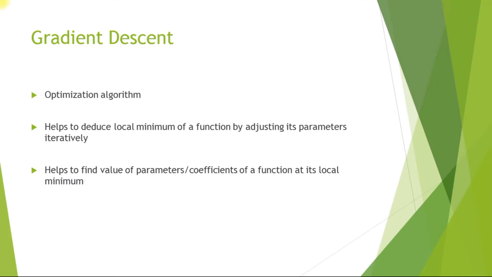So by using gradient descent, we can reach the minimum of that, and we can deduce the best fitting parameters, and hence we can optimize the algorithm. We will see that quickly. So what it does is help find the values of parameters or coefficients of a function at its local minimum. Let me try to explain these 2 points.